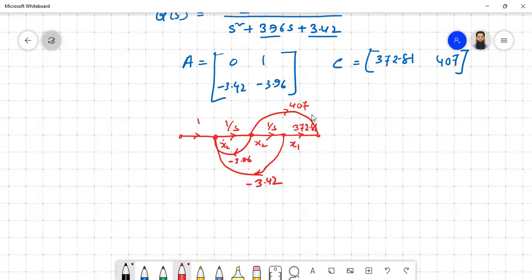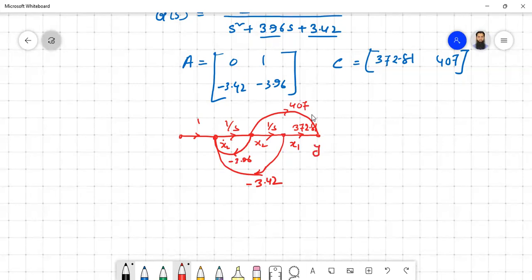So this is our system. Now with this system, we have to go for designing the feedback. Feedback is basically from y minus y hat. So our original y is this.